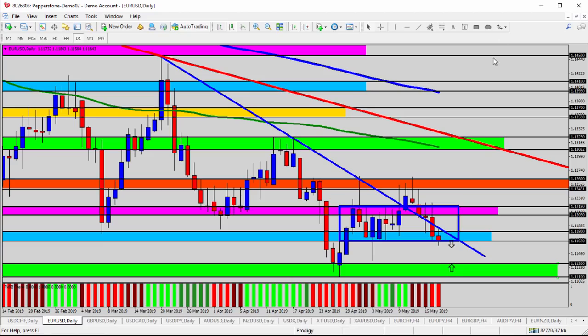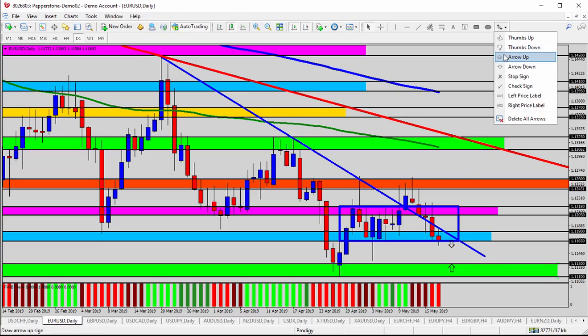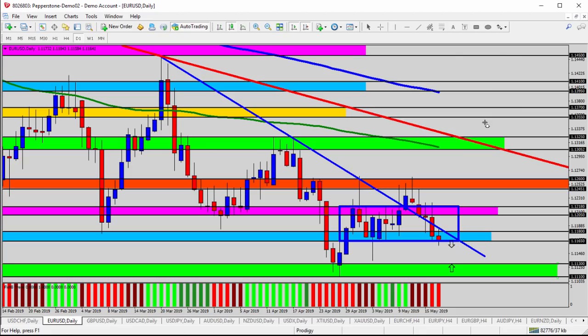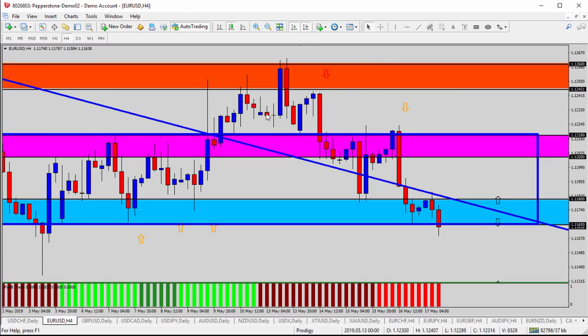Now, we also need to be aware of the fact that we are down towards the significant lows within the trend, and the possibility of turning around and going back up is there. That's what it's been doing for the past two weeks, finding support here at 1.1165 and turning around and going back up. So we need to be aware of that possibility as well and watch for clues of that. 4-hour time frame, not really going to change our mind about any of that.